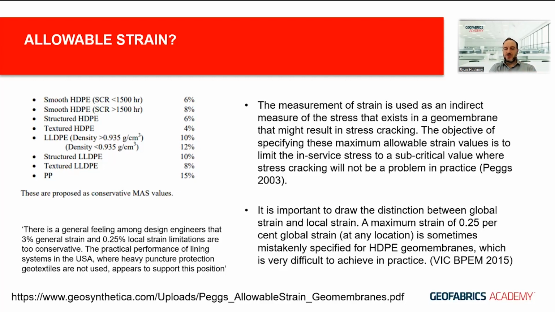It's important to draw the distinction between global strain and local strain. So a maximum strain of 0.25% global strain, which is at any location, is sometimes mistakenly specified for HDPEs, which is very difficult to achieve in practice.